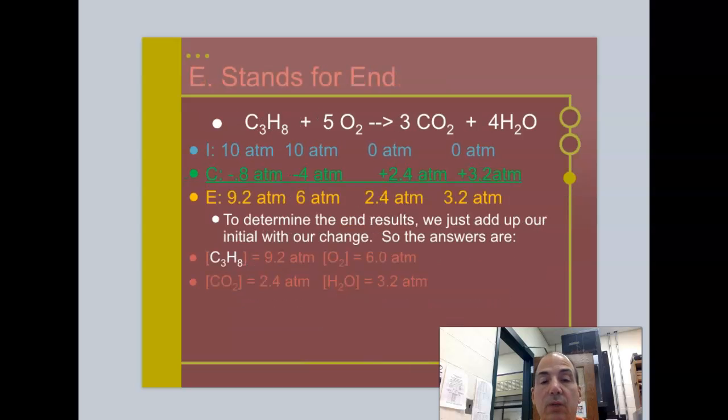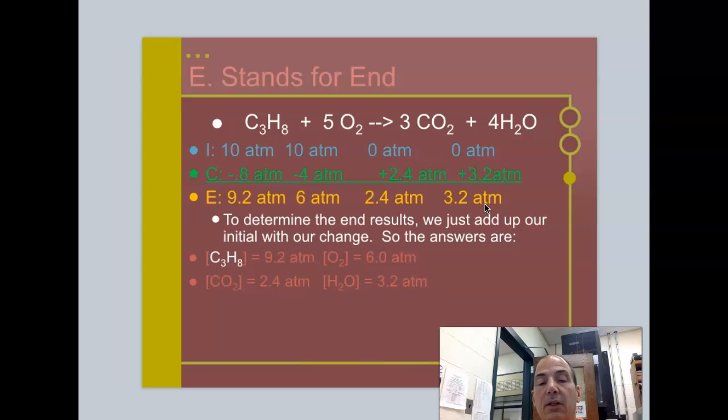So now at the end, we can put it together. At the end of an hour, there's going to be 10 minus 0.8 or 9.2 atmospheres left of the propane. There's going to be 10 minus 4 or 6 atmospheres of the oxygen. There's going to be 0 plus 2.4 or 2.4 atmospheres of carbon dioxide present, and 0 plus 3.2 or 3.2 atmospheres of water vapor present.